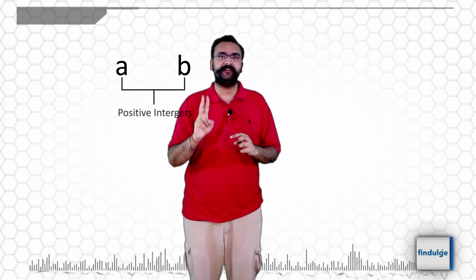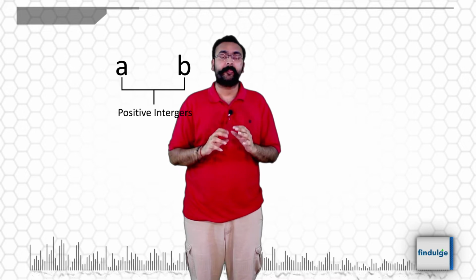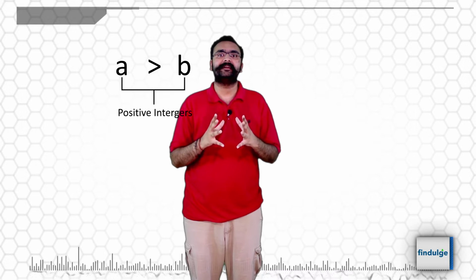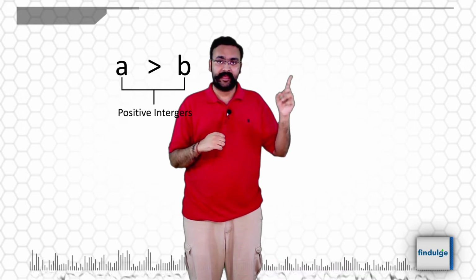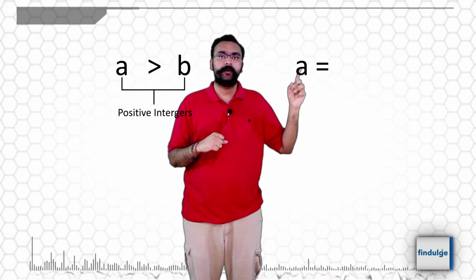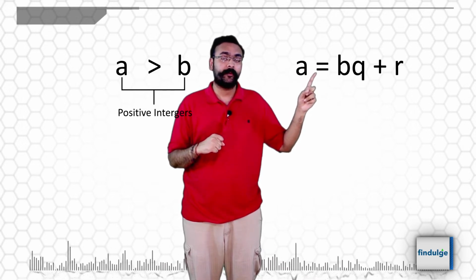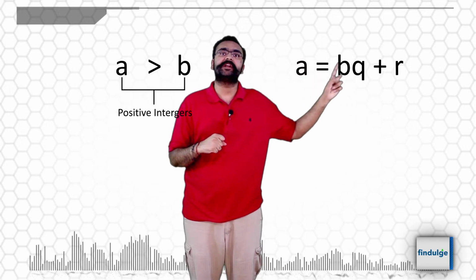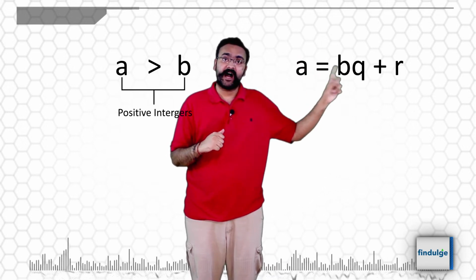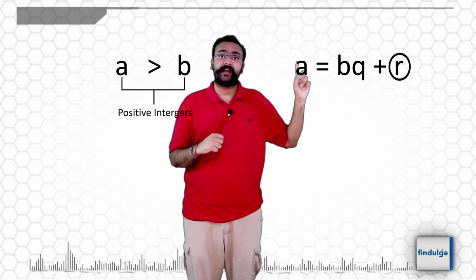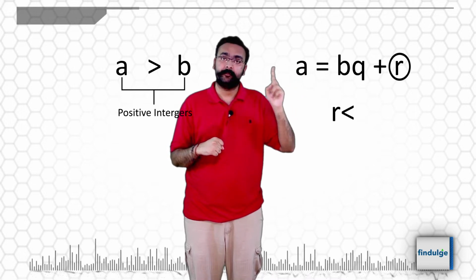Euclid's division lemma said that if a and b are 2 positive integers, then assuming a is greater than b, we can represent it like this. a is equal to b multiplied by another integer q plus an integer r. This r is known as our remainder, and the condition is that r should be less than b.